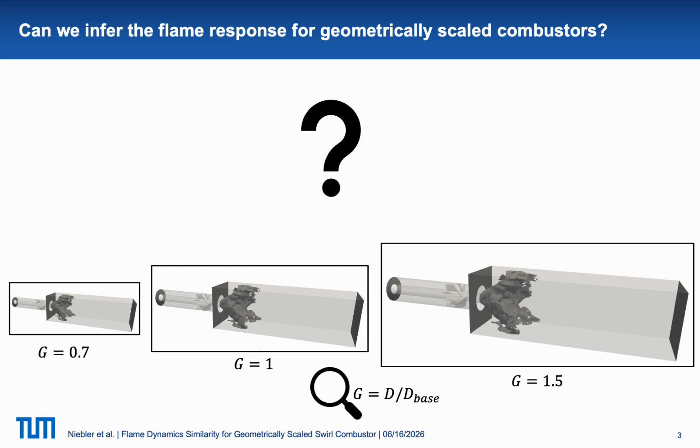So let's start with our base case G equal to 1 here. We consider cases where we do upscaling and downscaling. Upscaling, basically to the right, would apply to cases where we have information of our lab combustor, so a lab scale system, and we want to transfer this knowledge to our prototype in action.